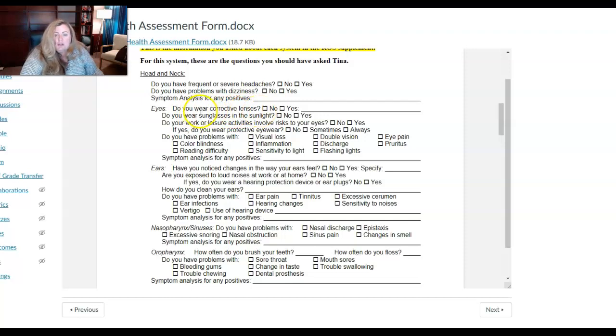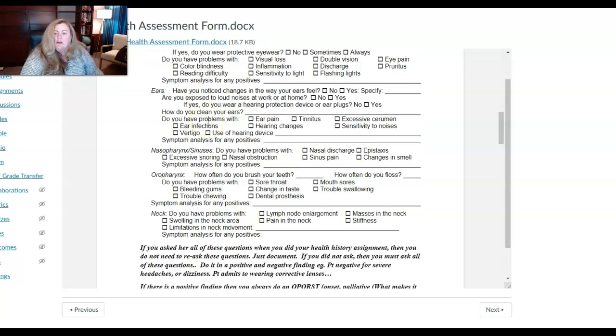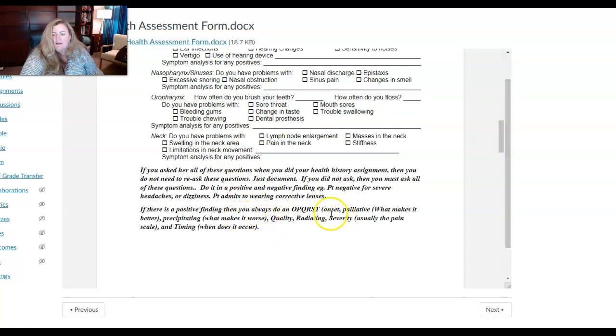And then you say, when did you have to do an OPQRST on any positives. Onset, palliative, what makes it worse or better. So if she wears corrective lenses, she can read when she wears her glasses. It's worse when she doesn't. Quality, is really not one for wearing corrective lenses.